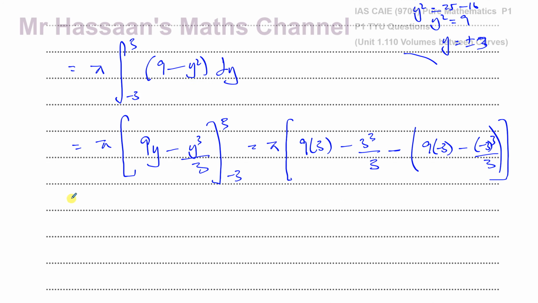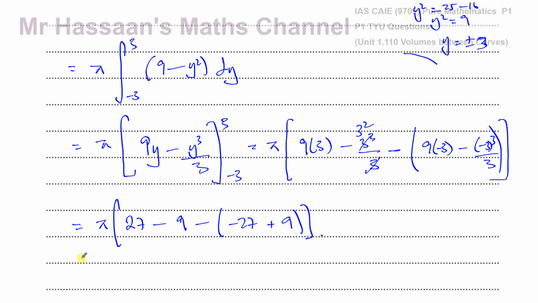So now this is pi times 9 times 3 is 27 minus, this is going to be 3 squared, that's going to be 9, minus, and here you're going to have 9 times minus 3, which is negative 27. And here you're going to have minus, and minus gives you plus, because you have minus, minus 27 over 3, which is 9. So minus and minus is plus. So you have plus 9.